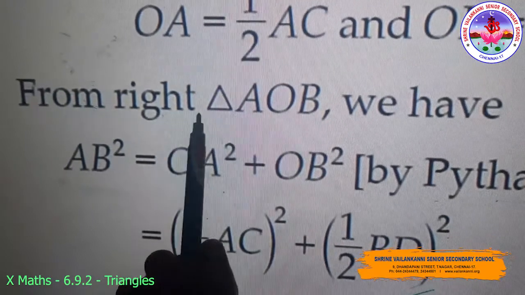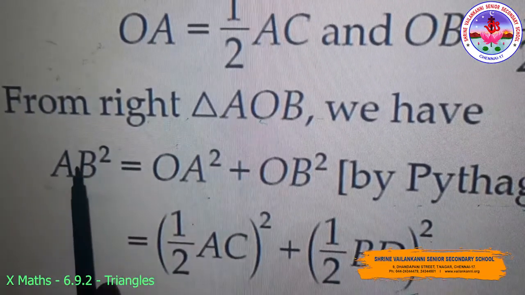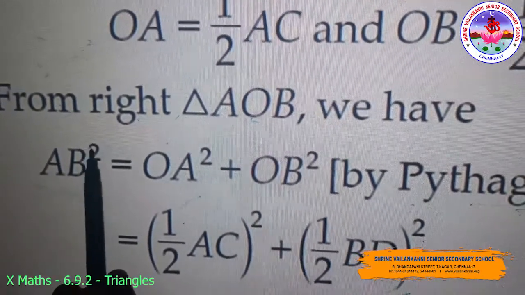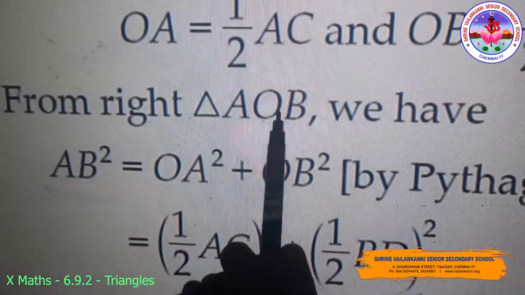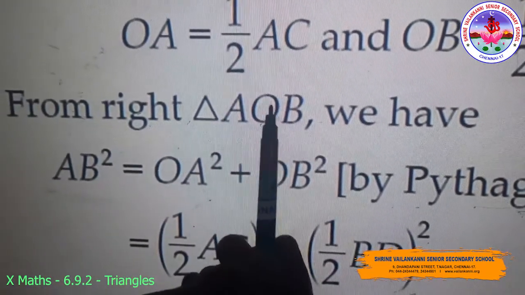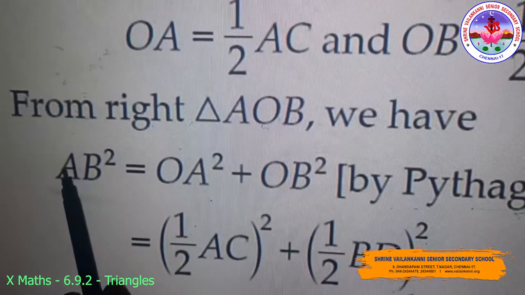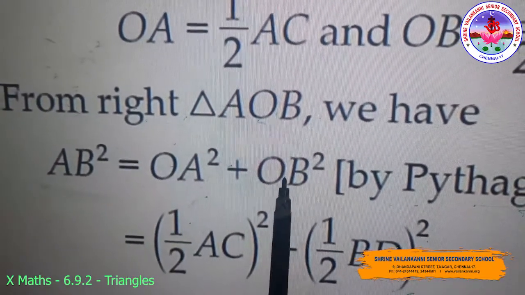In right triangle AOB, AB will be the hypotenuse, so AB square. By Pythagoras theorem, the hypotenuse square is equal to the sum of the other two sides square.